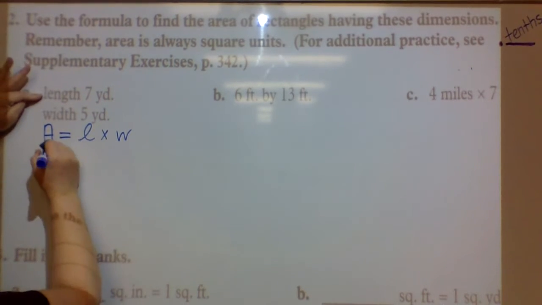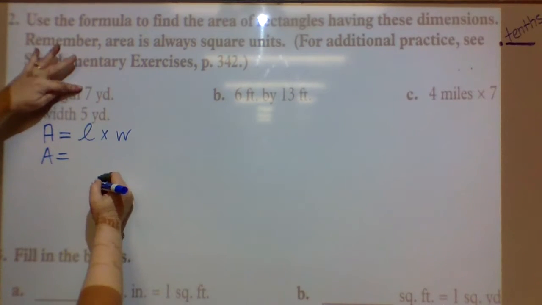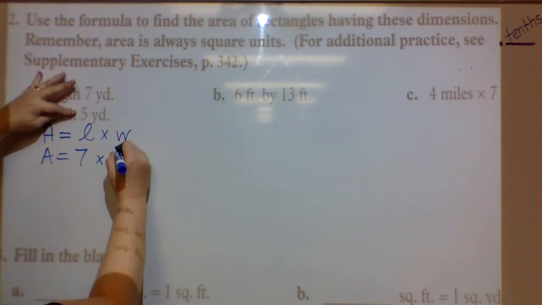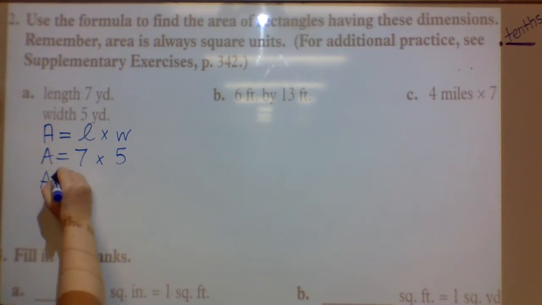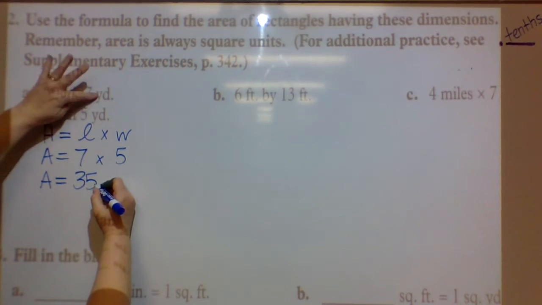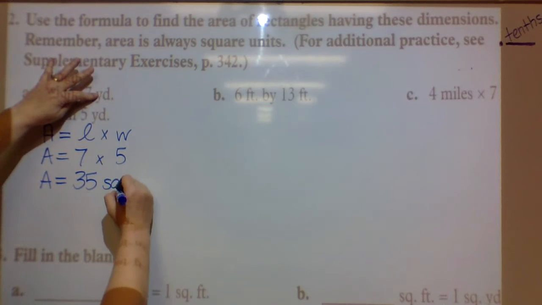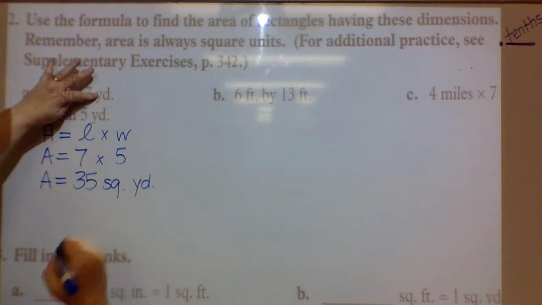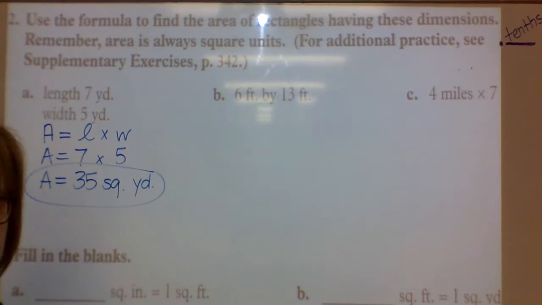So area equals 7 times 5. See how much easier this one is? I like area so much better. Area equals 35, and this is in yards, so we're going to say square yards. And that's our answer.